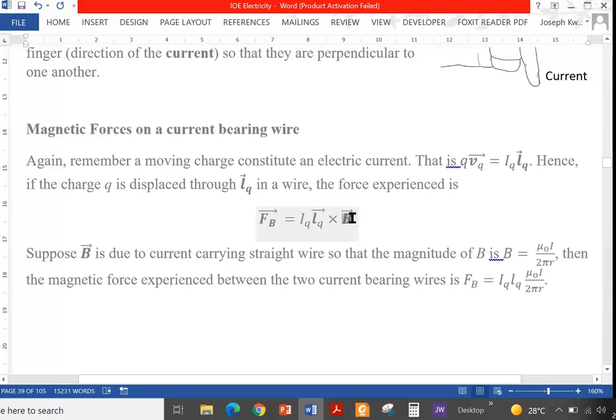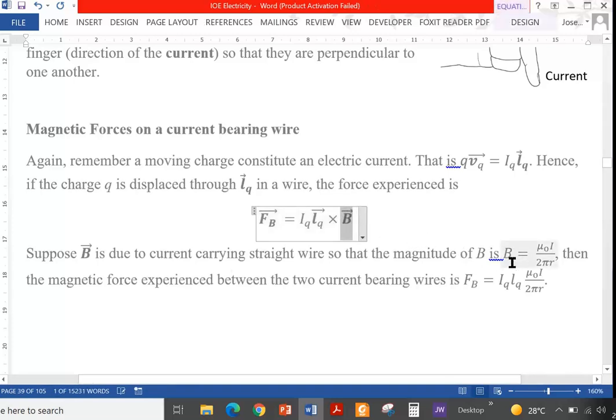Assuming the magnetic field is created by a long straight wire, then this magnetic field can be calculated simply by using this expression here, and the whole expression for the force on the current-bearing wire can be written as this.